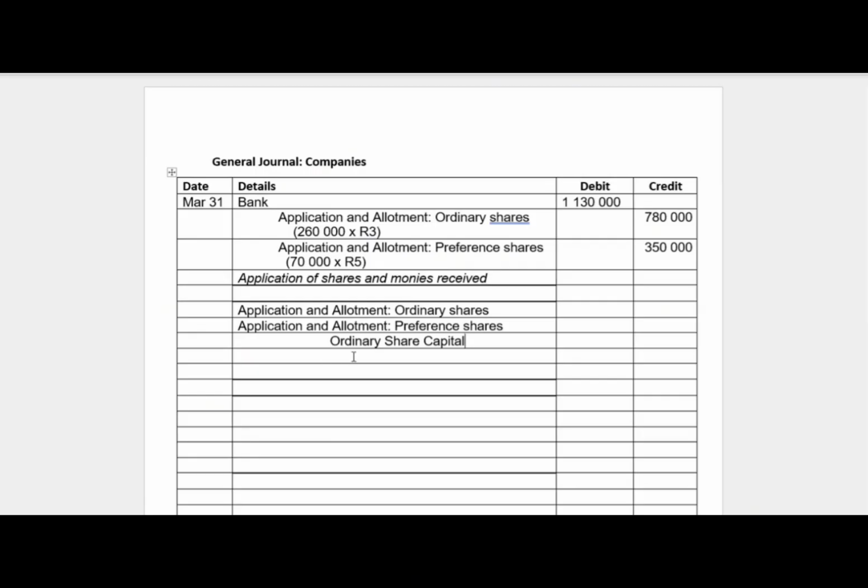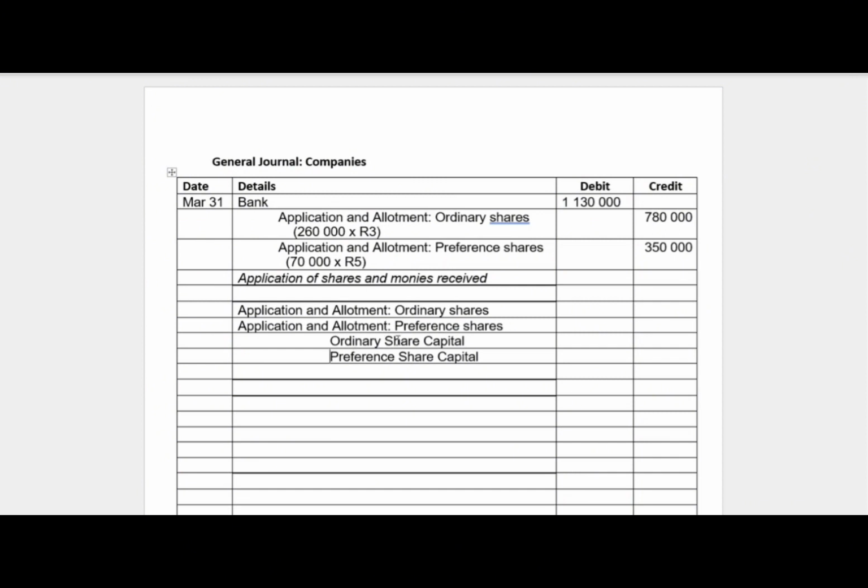And also for preference, we credit preference share capital. So please don't forget that this capital is very important to indicate that you are allocating the shares to shareholders. Now there is ownership, right? So don't forget that.